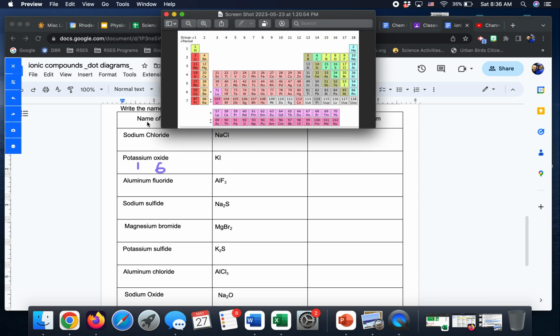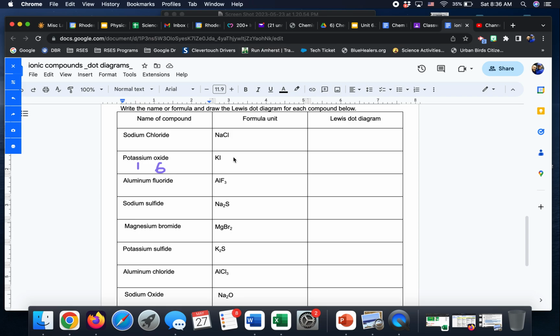My formula actually should say K2I, and I'll show you why in a second. And that makes it a better example as well. So if you have 1 valence electron, what's going to happen to you? You're going to lose it.